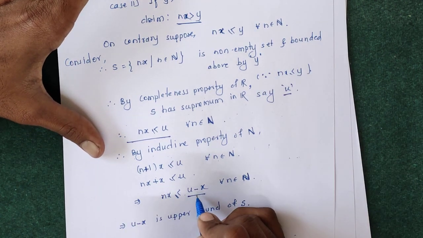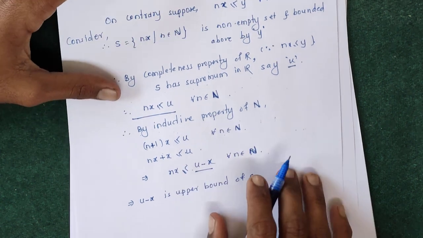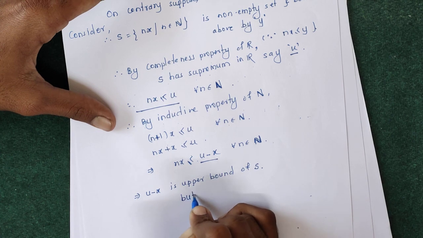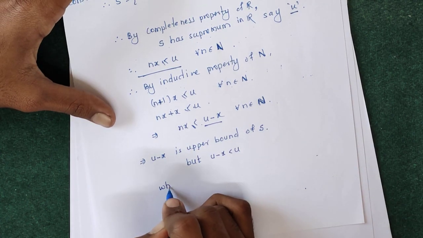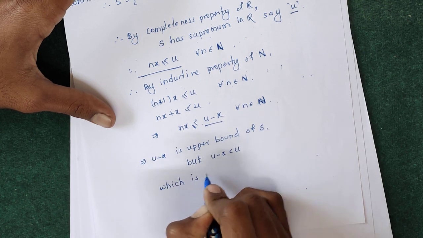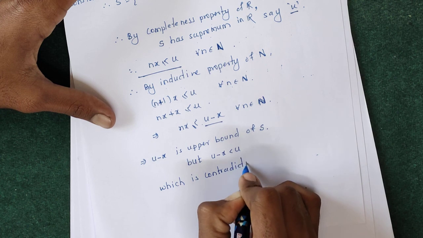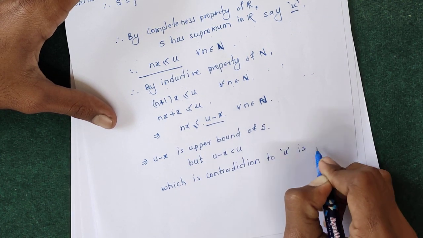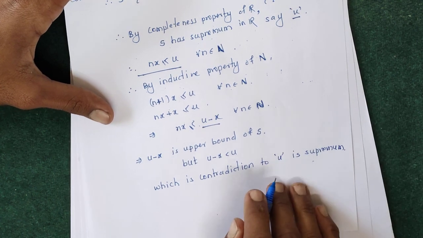Here U minus x is less than U and is also an upper bound, which is a contradiction to U being the supremum.